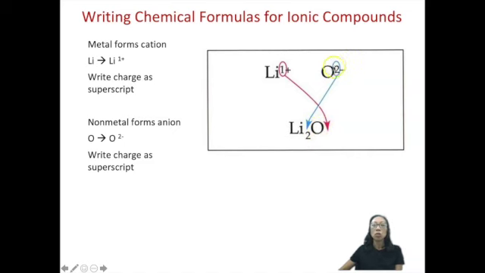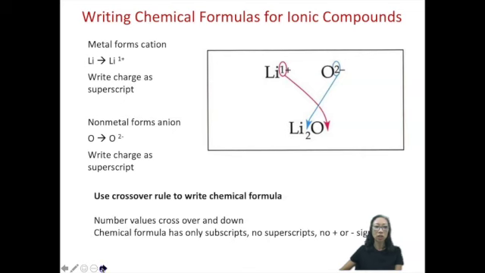The 2, which was the superscript of oxygen, now becomes a subscript of lithium, and means that there are 2 of these lithium ions. So that adds up to create a neutral compound when you have 2 of the positive charge lithium and 1 of the 2- charge oxygen.